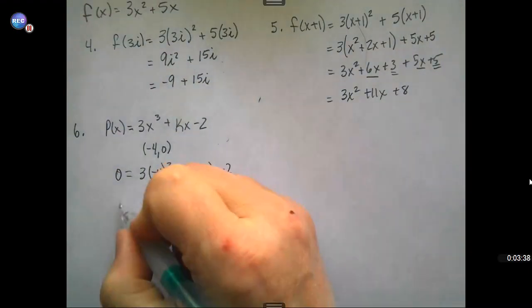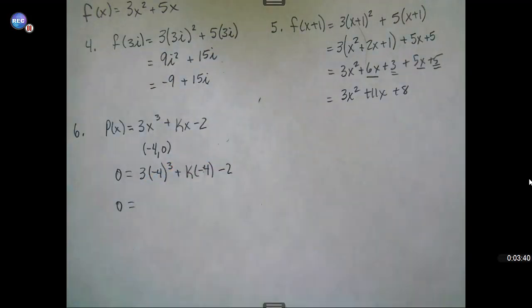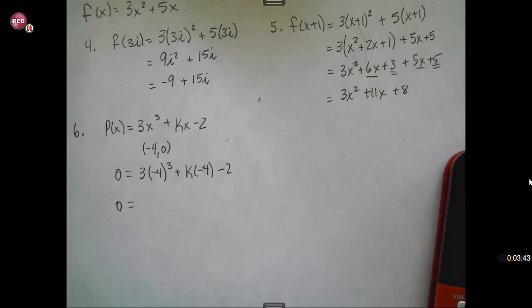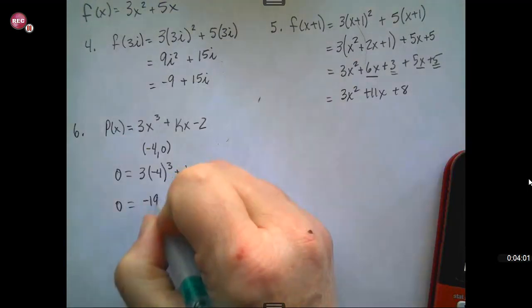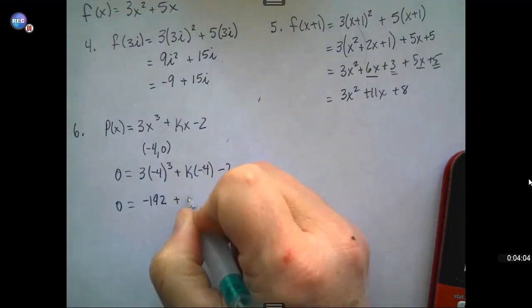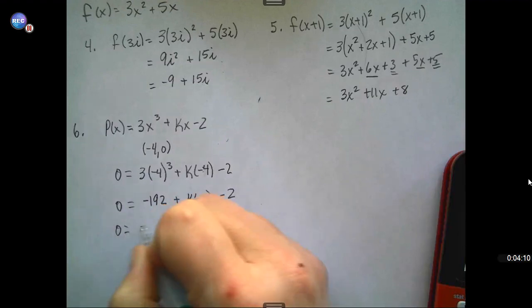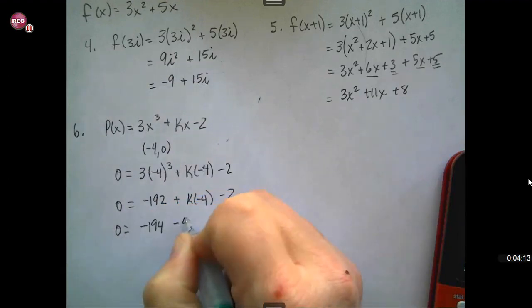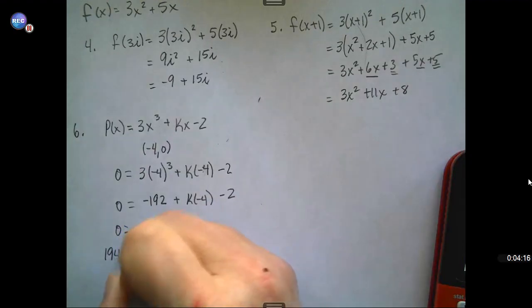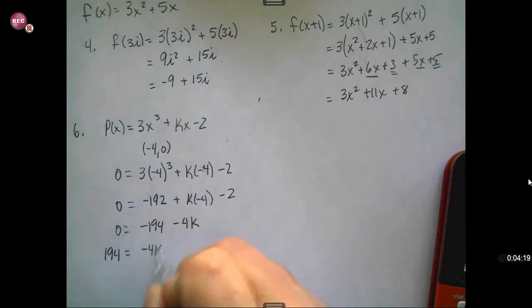So it looks like I have 3 times negative 4 cubed. I'm not sure, I think it's negative 64, and then times 3 is negative 192, plus k times negative 4, minus 2 is negative 194 minus 4k, so 194 equals negative 4k.